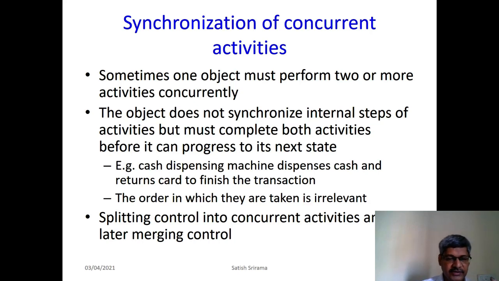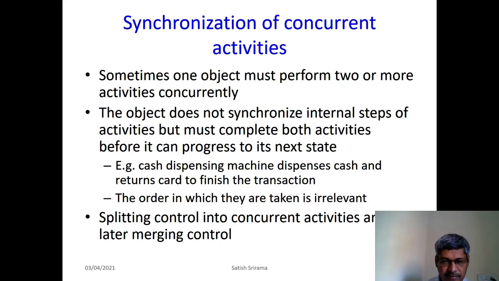That is where you are splitting the control into concurrent activities: one is dispensing the cash, another is returning the card. Once you split the control for concurrency, the object has to merge it again, so that it comes back with the next activities.